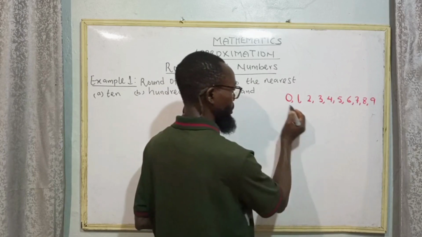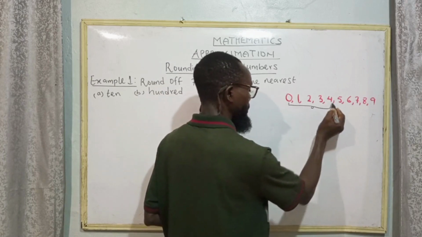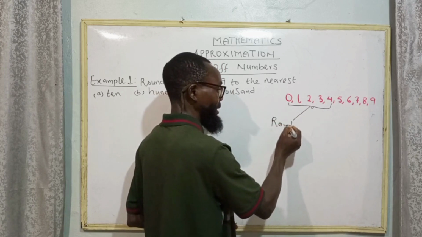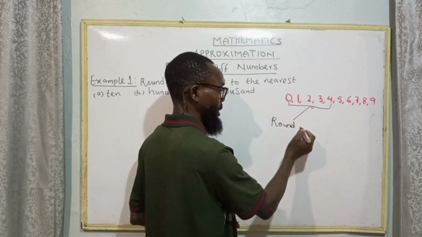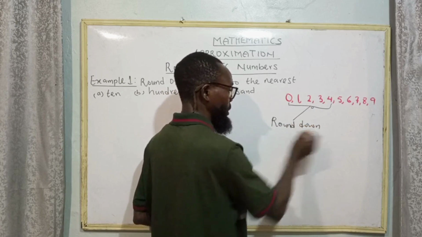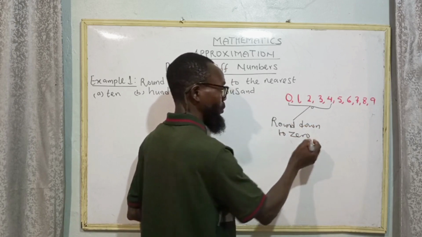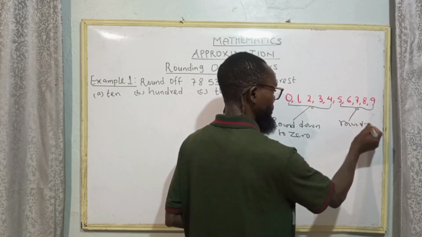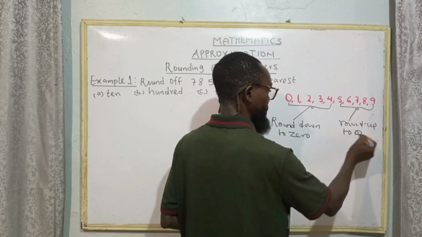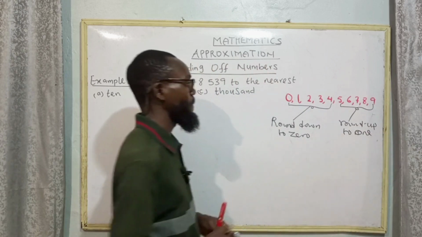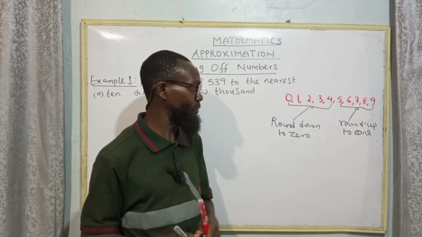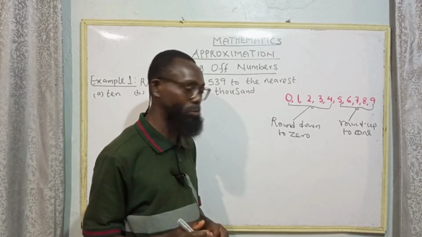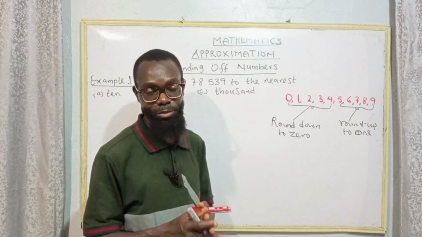Digits from 0 to 4 are always rounded down to 0, while digits 5 to 9 you round up to 1. That is, when we have a digit from 0 to 4, you round down to 0, while digits 5 to 9, you round up to 1 when we are talking about approximation.